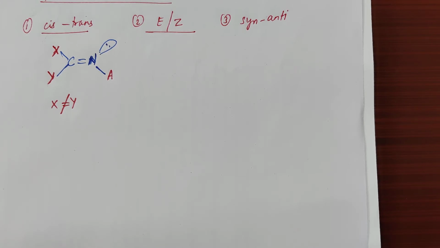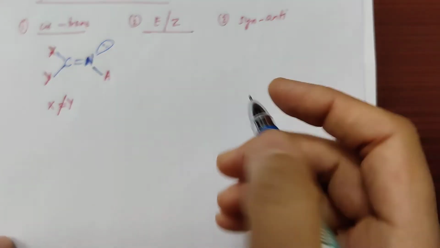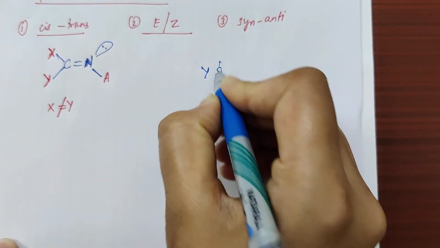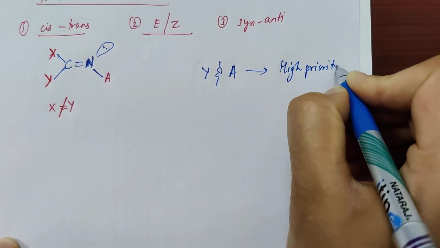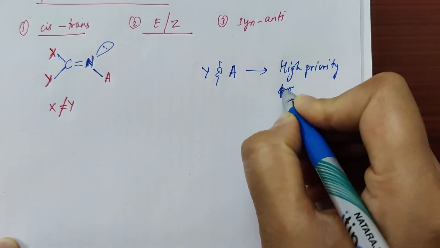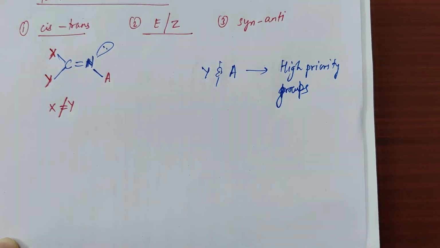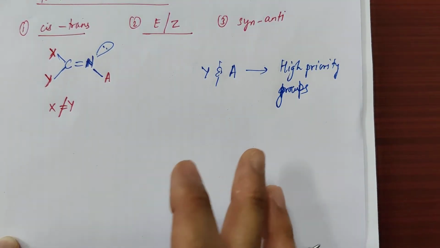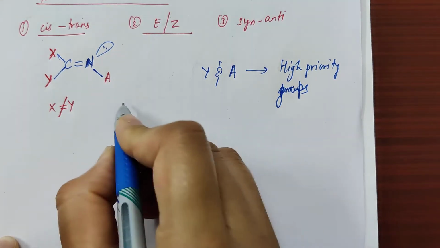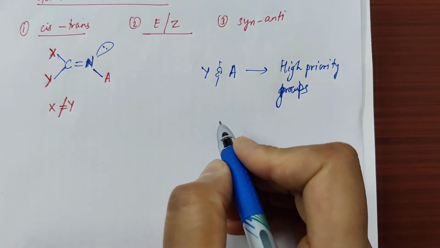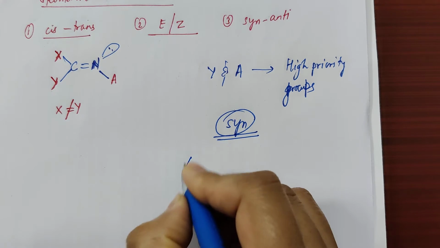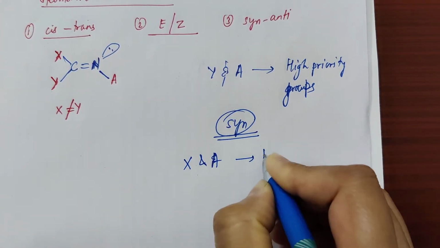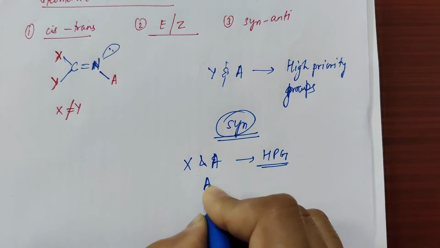If the higher priority groups are on the same side, let's say that Y and A are higher priority groups, on left and right side respectively, then we will call our compound Syn. And if X and A are the high priority groups, then we will call it anti.